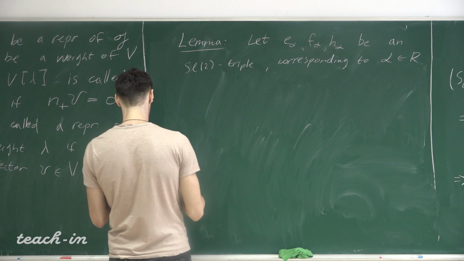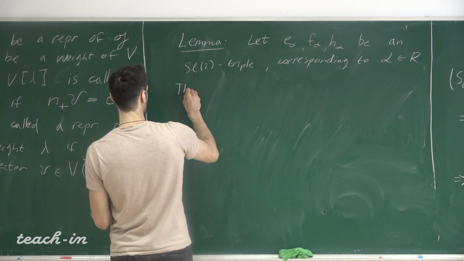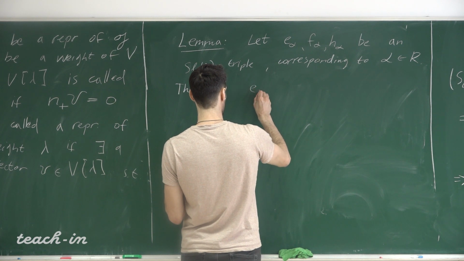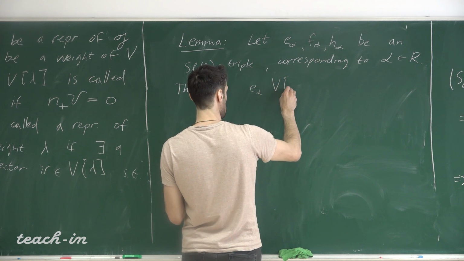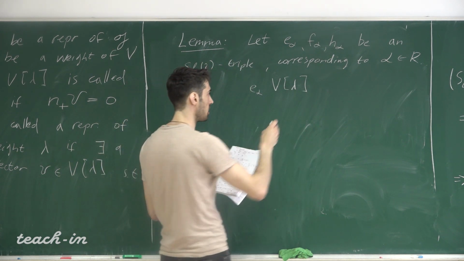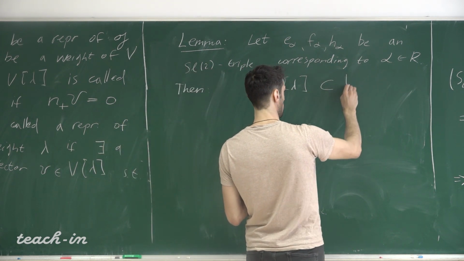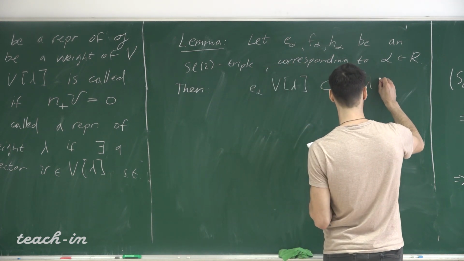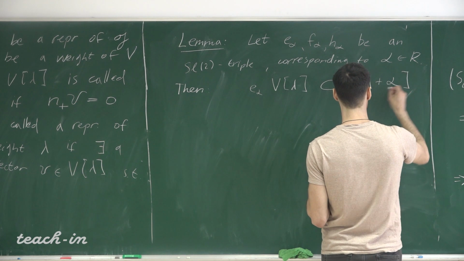Then we have the following. If I take E alpha and apply it to the weight subspace of weight lambda, then I will end up in the weight subspace corresponding to the weight lambda plus alpha.